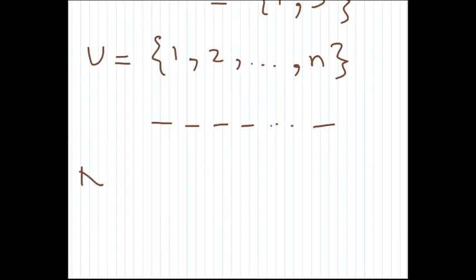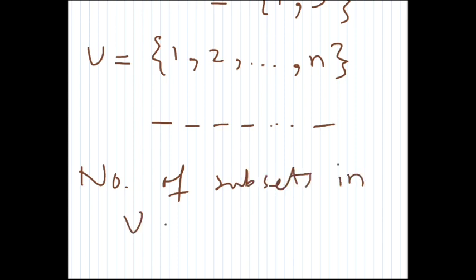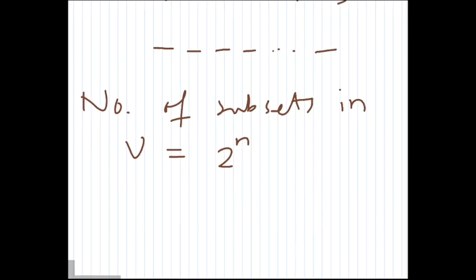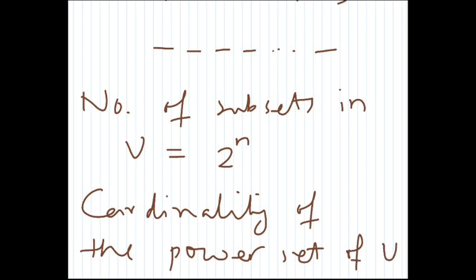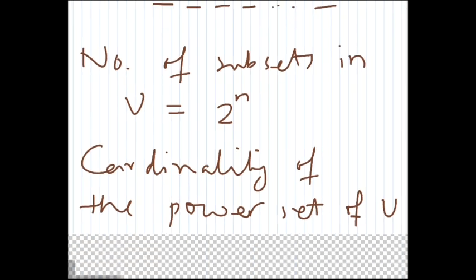So this means that the number of subsets in U should be equal to 2 to the power of n, which is also the cardinality of the power set of U, because we know that the power set is the set of all subsets of U.